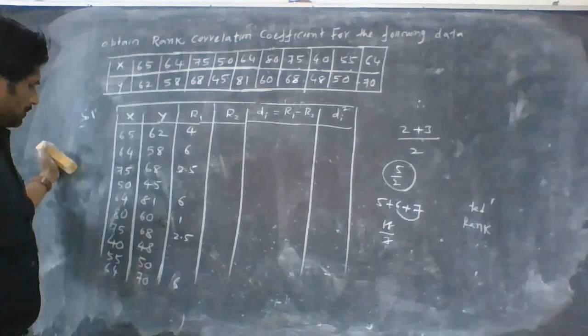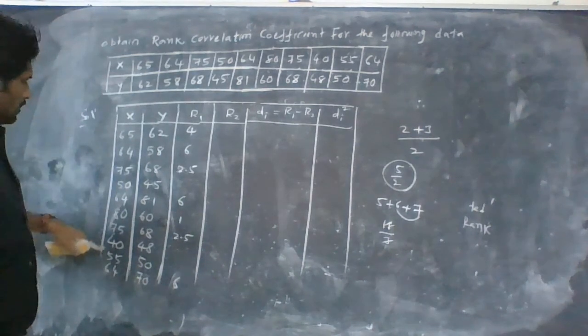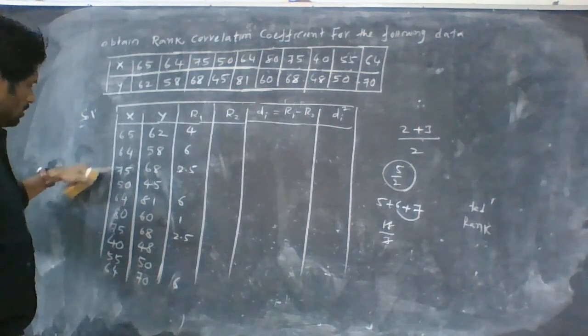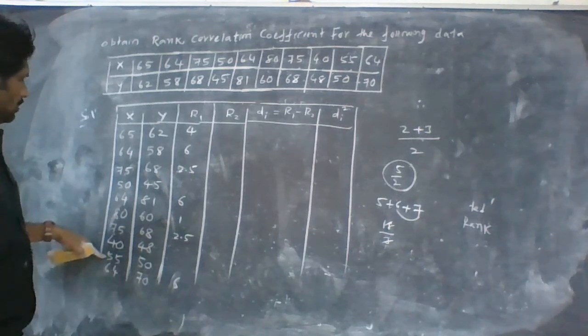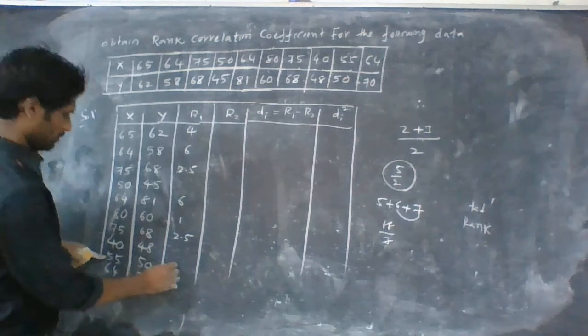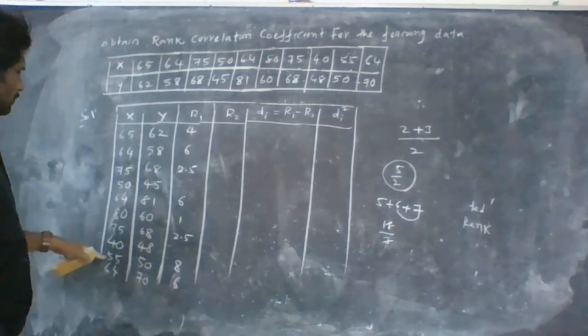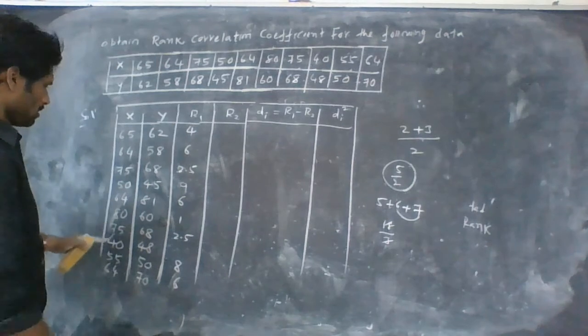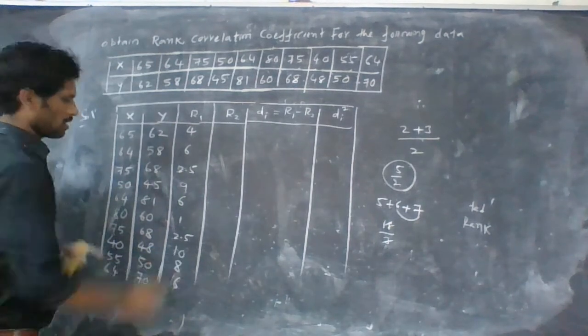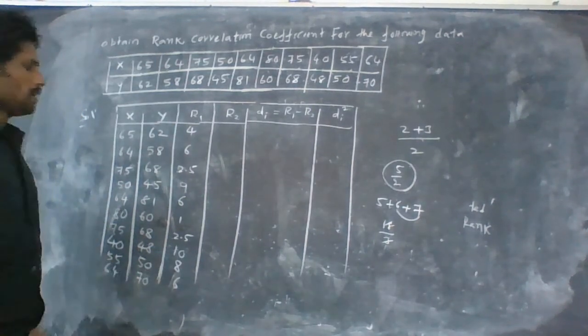Next, the 8th rank goes to 55, next one is 50, and the last one is 40. So in total 10 ranks are cleared.